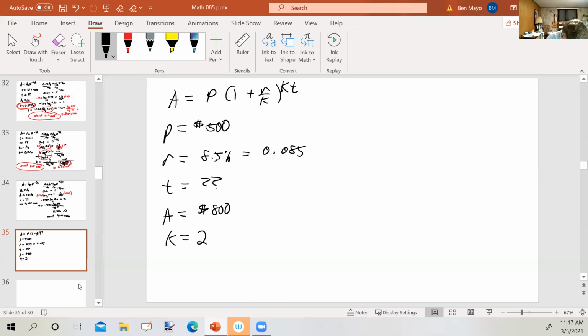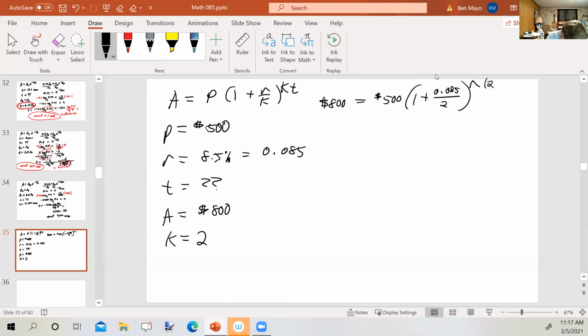Okay, so now our equation becomes $800 equals $500 times 1 plus 0.085 divided by 2, all raised to the power 2 times t, or just 2t. Okay. Now, since I've got t in the exponent, I can't just put that whole thing into my calculator.